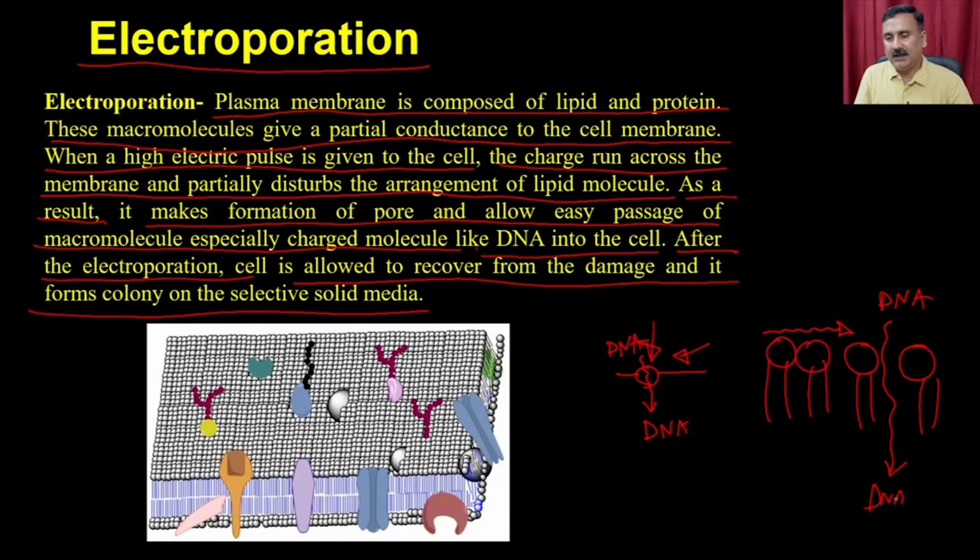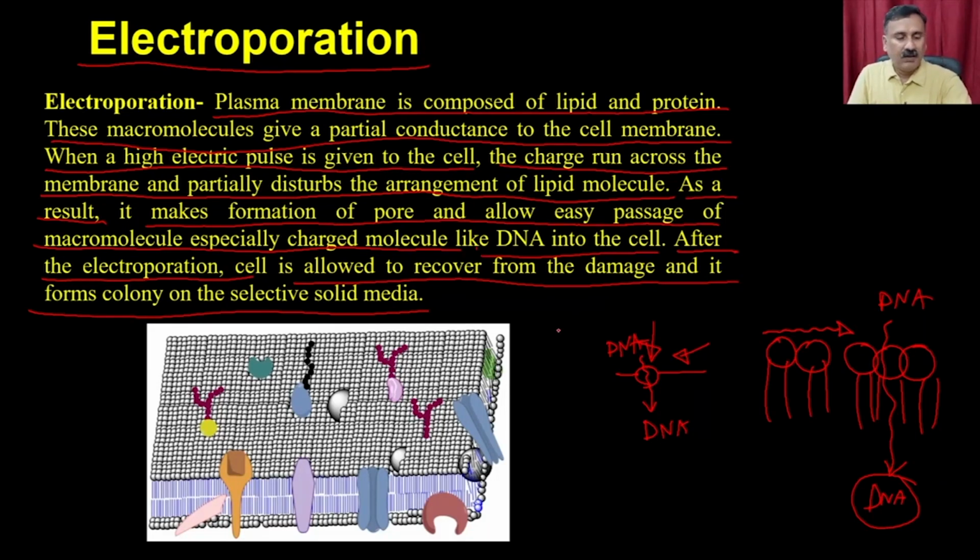This is very momentary. Once you add the media, the pulse is over, and that seals the pore, and that's how the DNA is delivered into the host. Then you allow the cells to recover.